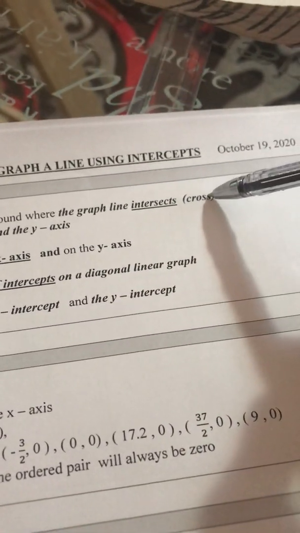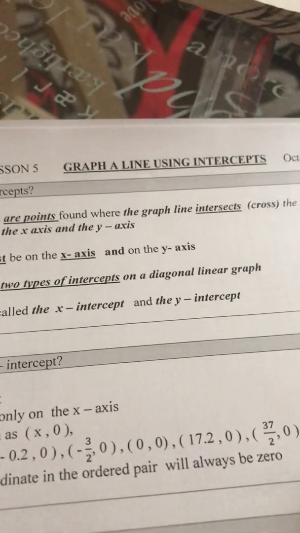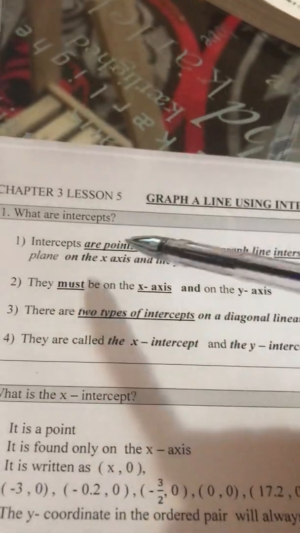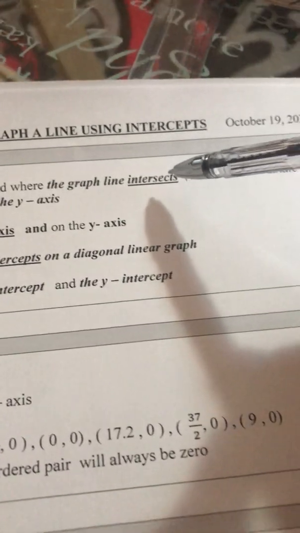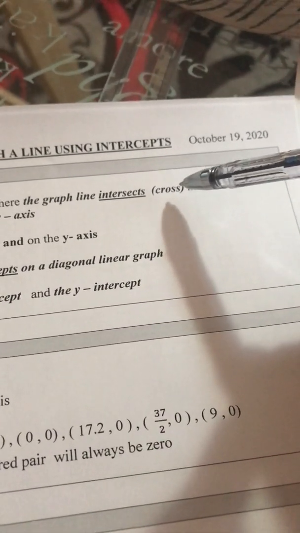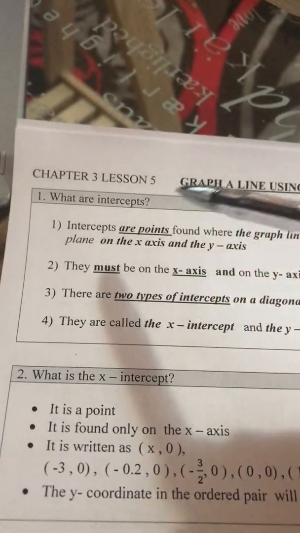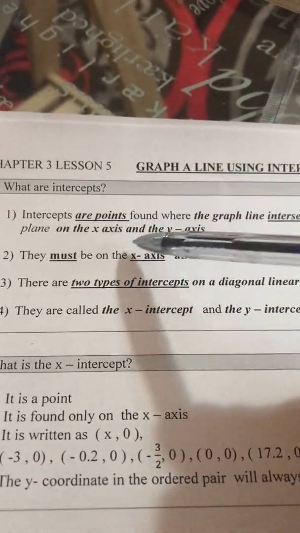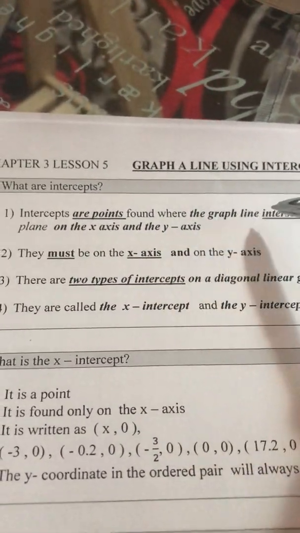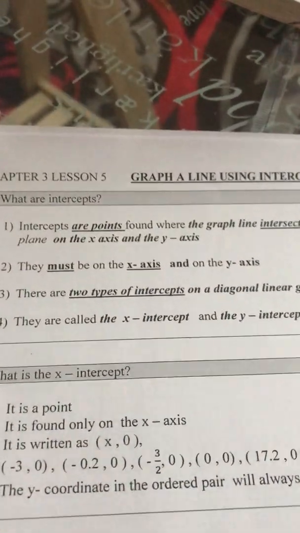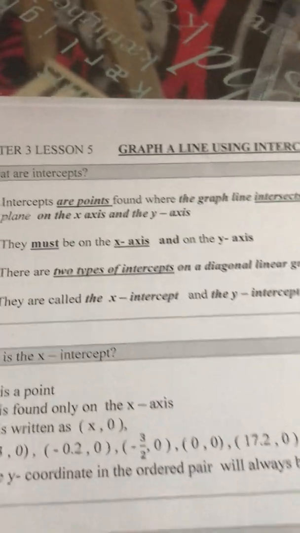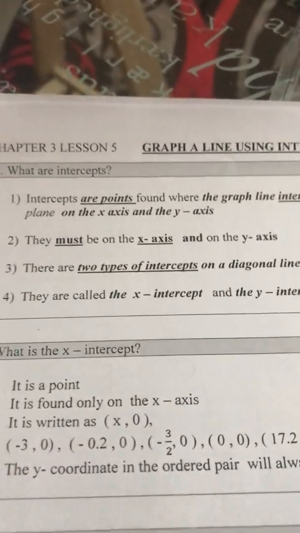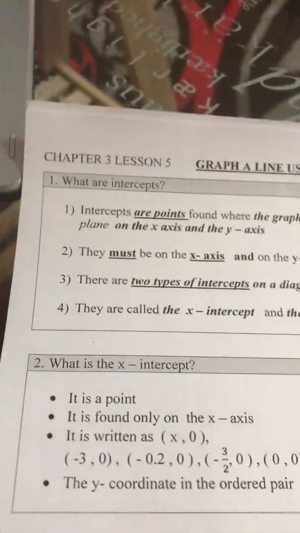Okay? So, intercepts are points found where the graph line intersects. Intersect is another name for crossing or meeting. So intercepts are points found where the graph line intersects or crosses the coordinate plane on the x-axis and the y-axis. So where your graph is crossing the x-axis or the y-axis, where it is touching, this is called an intercept.